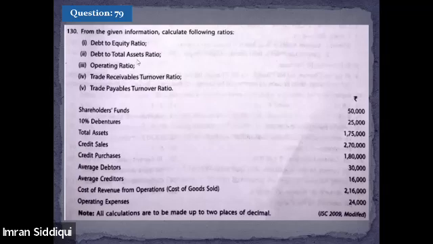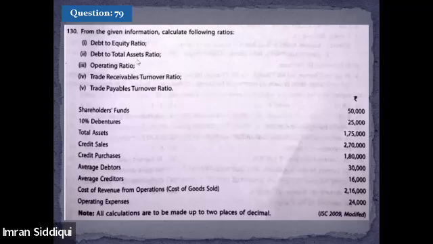Total assets is 1,75,000 and debt is 30,000. Just a second. You have to take the same value of debt. In this case the formula is different, but the debt is the same. Debt will be non-current liability only, so that is only 25,000.